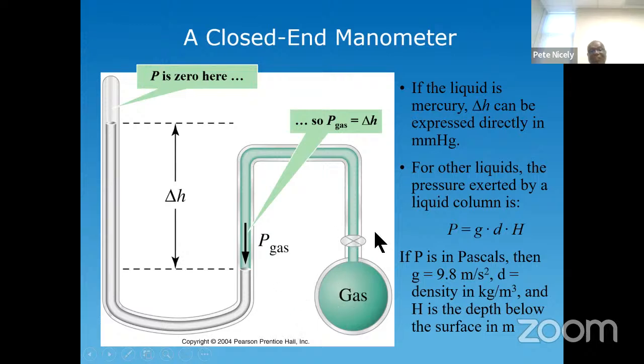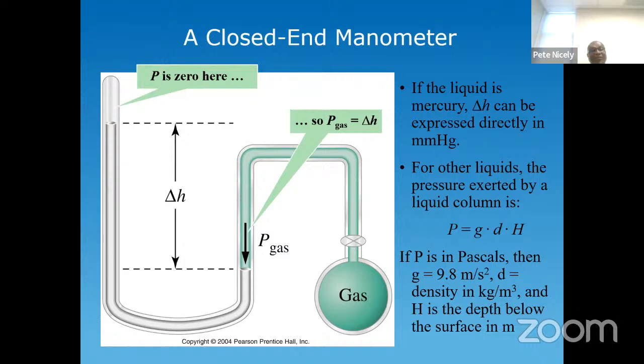So you turn on this tap right here, the gas flows through, and it exerts pressure on the surface here. That means that the liquid level on the other side will be pushed up. And it turns out that, for one, there's no gas right here, so here is effectively a vacuum, all right?